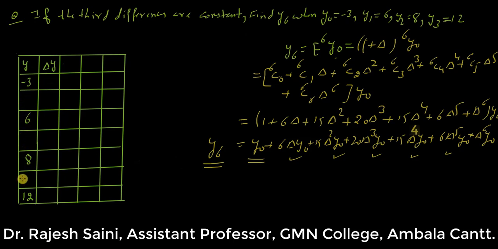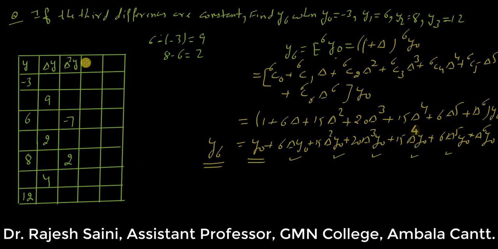In between them you will write the differences. 6 minus (-3) is nothing but 9. 8 minus 6 is 2. 12 minus 8 is 4. Next will be delta square y. Between these, 2 minus 9 is minus 7, and 4 minus 2 is 2.